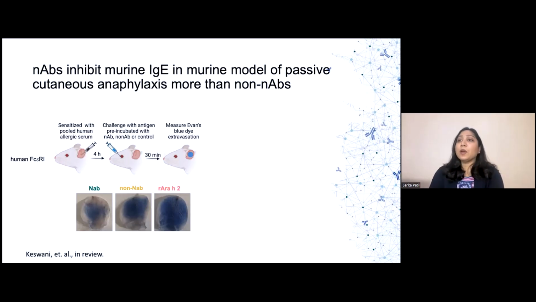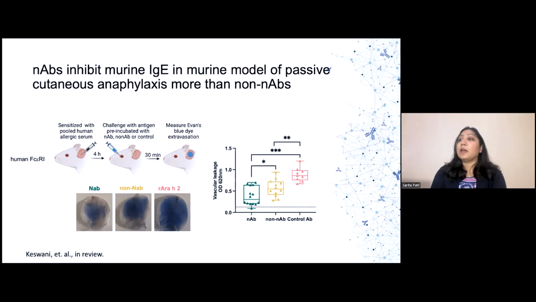And when we did that, we could then measure the amount of response by measuring the extravasation of Evans blue dye. We found that you see a nice robust extravasation to ARA-H2 with a control antibody, which decreases with specific antibodies, but is most potent with a combination of neutralizing antibodies compared to non-neutralizing antibodies.